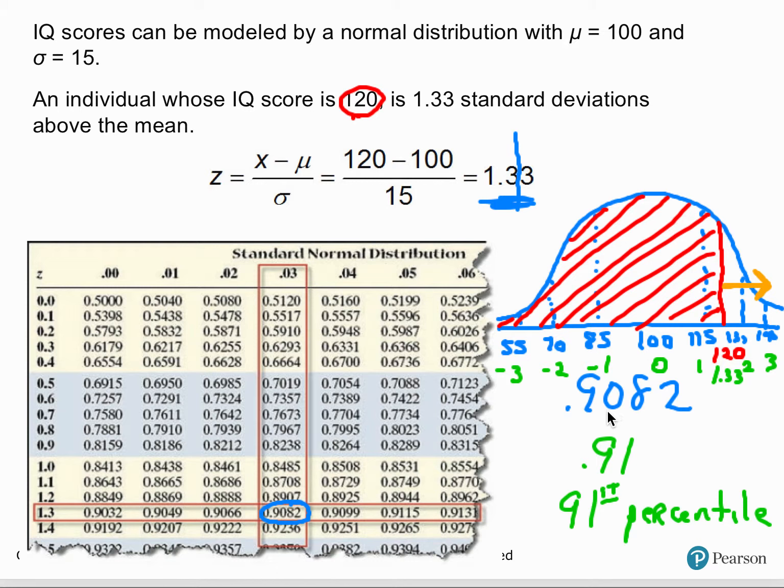Okay, then we're just going to use our complement because the table is always less than. So the probability that X is more than 120 is 1 minus the probability that X is less than 120, which is 1 minus 0.9082, right? Whatever that is.